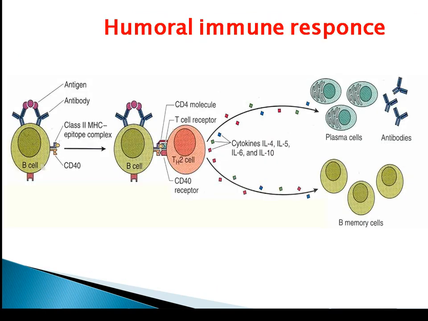microorganisms. In humoral immune response, what we will have is the B cell. We also have to know that T lymphocytes and B lymphocytes have some differences. T lymphocytes are cells which require the presentation of the antigens to them, so they cannot recognize the antigens by themselves.